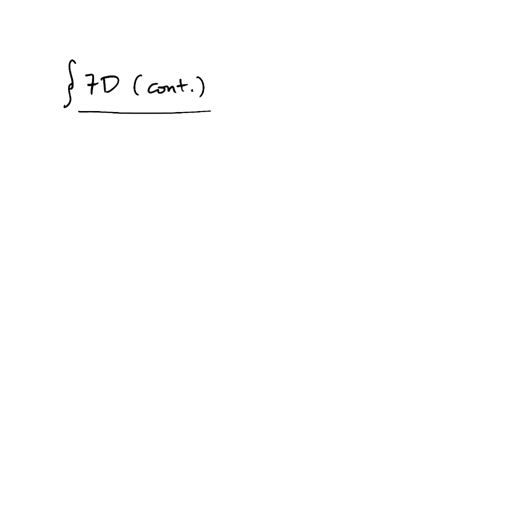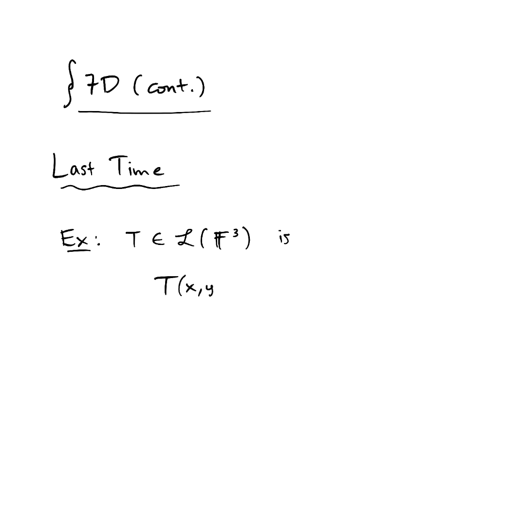So last time we introduced the idea of singular values, and we had this example where T is a linear operator on F3, and it's got this formula: T of (x, y, z) is (z, 2x, 3y).